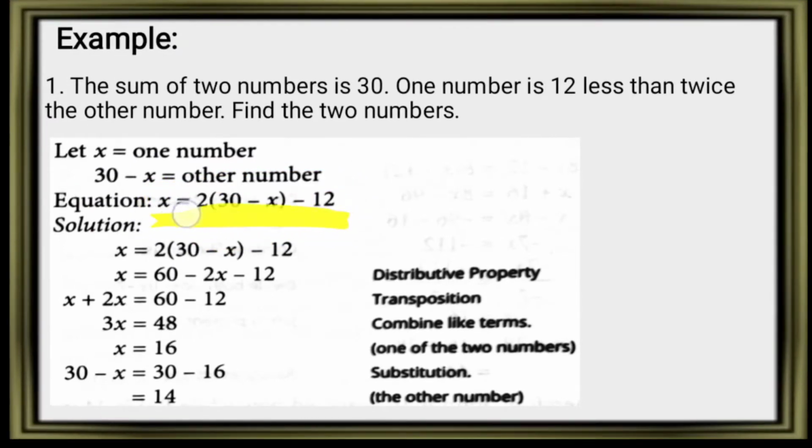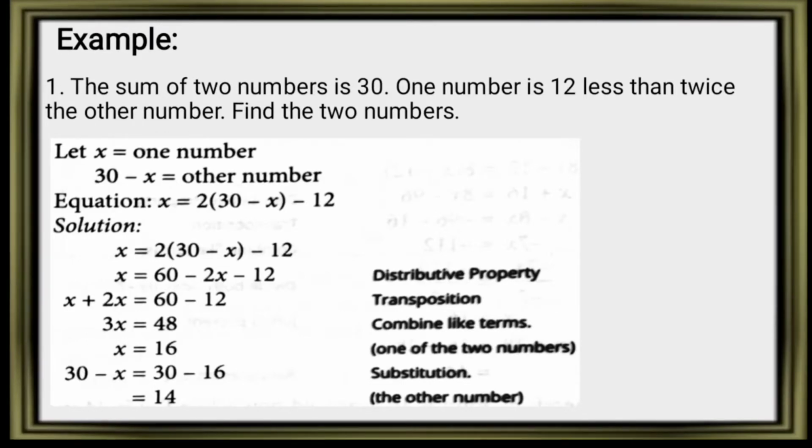And to solve this equation, let's use different properties. First, we have the distributive property. Okay? When we say distributive property, we have to distribute the value to the other value using multiplication. Like for example, this term we have 2 times 30 minus x means we have to multiply 2 to 30 and 2 to negative x.